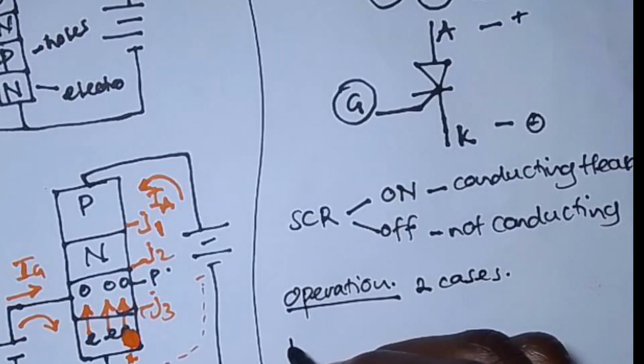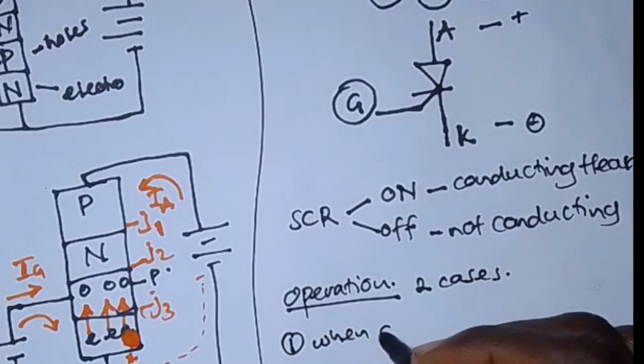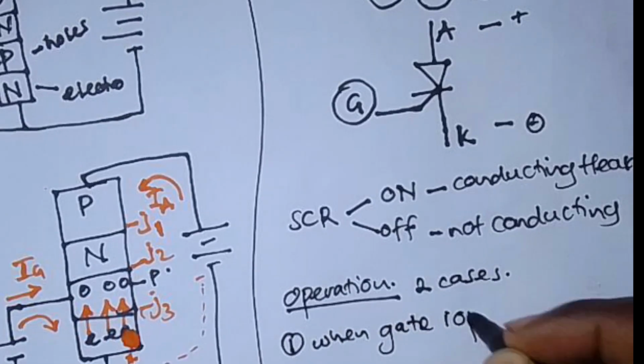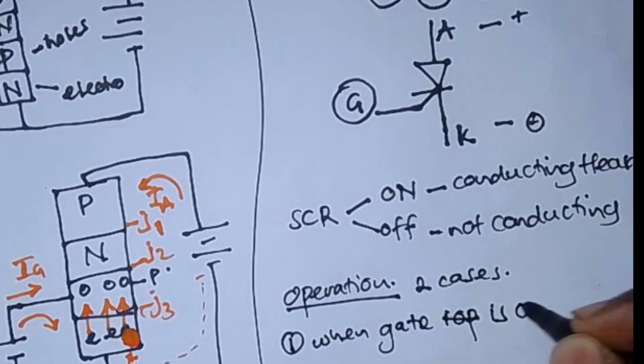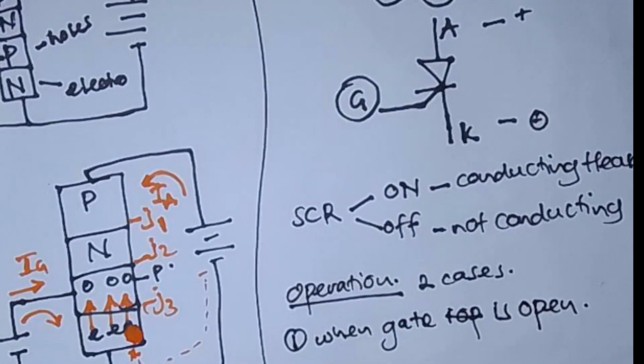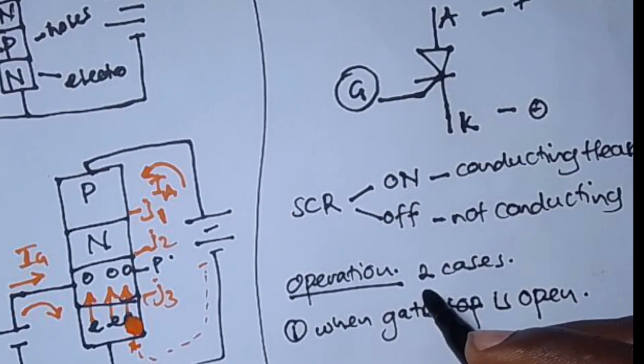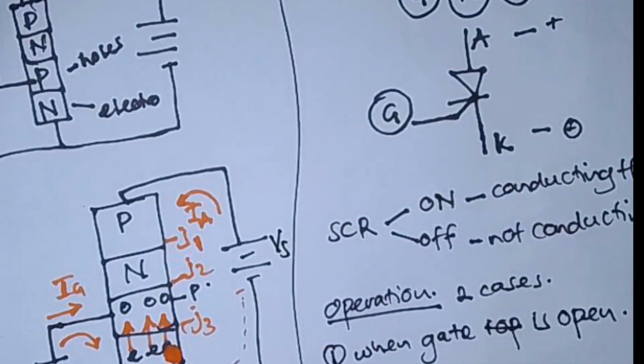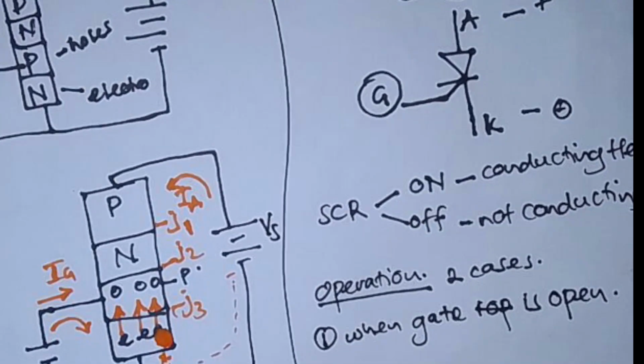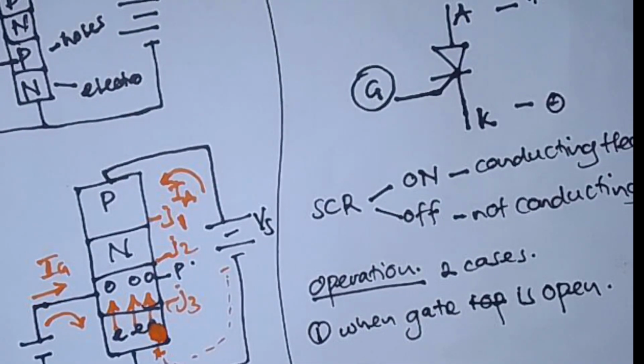The first case is when the gate is open. When the gate is open, we shall always look at the gate being open and varying the supply voltage, Vs. When the gate is open and the supply voltage is small, the SCR won't conduct.